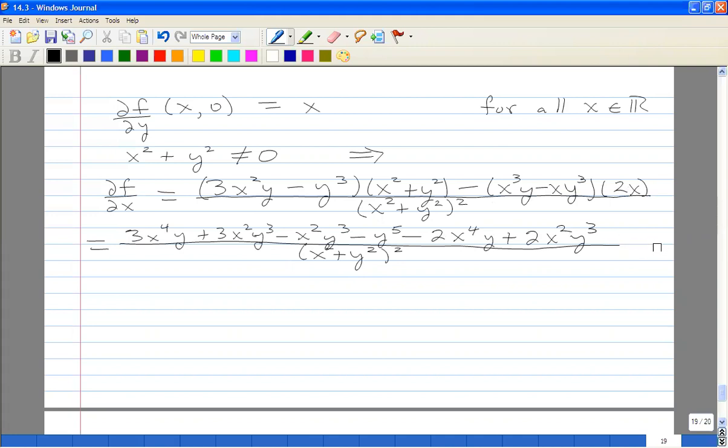Okay, so this is equal to, let's combine like terms. x to the fourth y, so 3x to the fourth y minus 2x to the fourth y is 1x to the fourth y. 3x squared y cubed minus x squared y cubed is 2, plus another 2, so that's 4x squared y cubed.